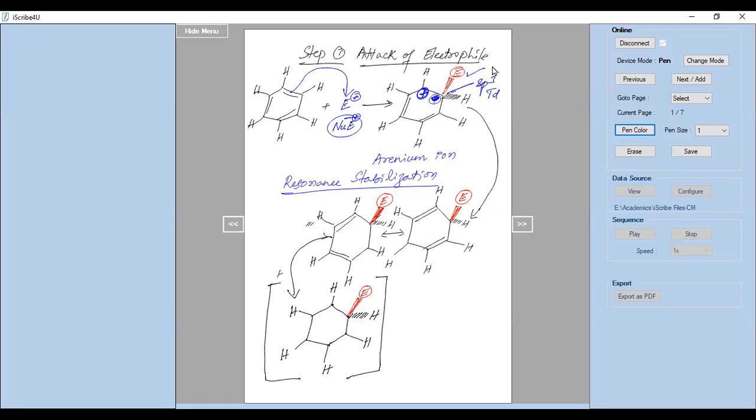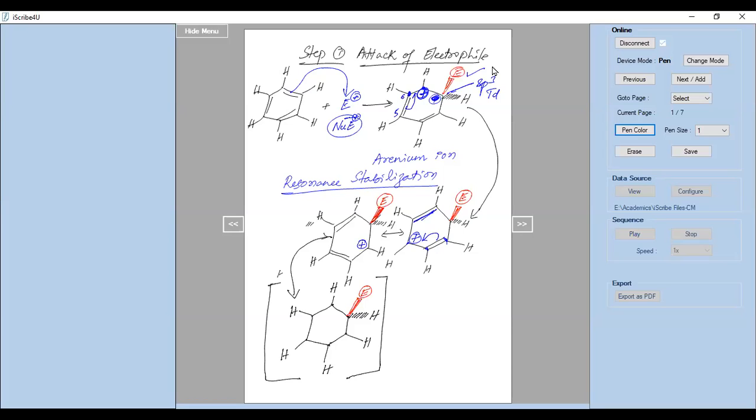Then the pi electrons which are present between C6 and C5 will be shifted between C6 and C1. As a result of that, the pi bond is going to form. Then the positive charge is shifted to the fifth carbon atom. Then the pi electrons present between C3 and C4 shift to between C5 and C4. As a result, the third carbon atom will get a positive charge.